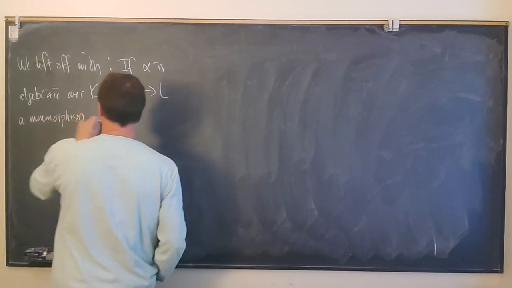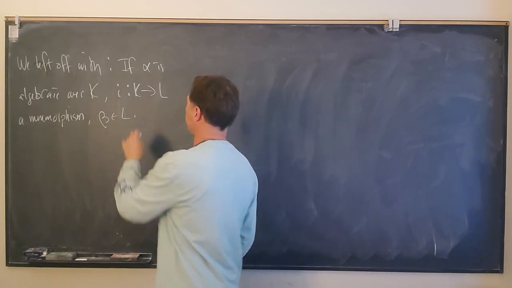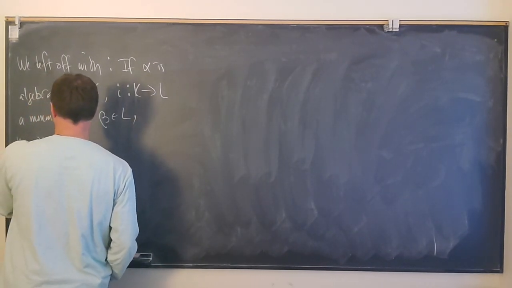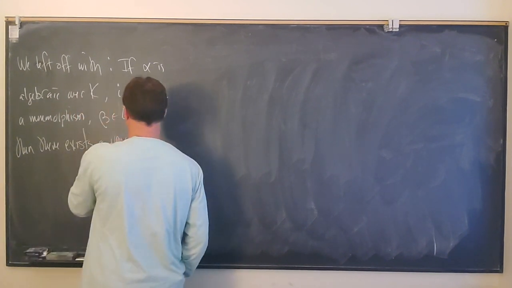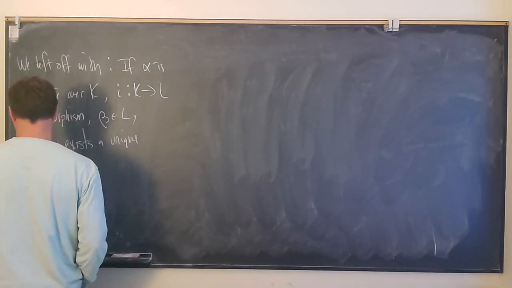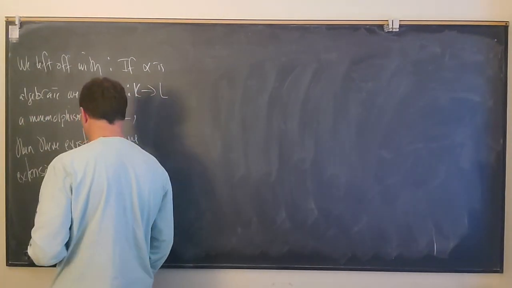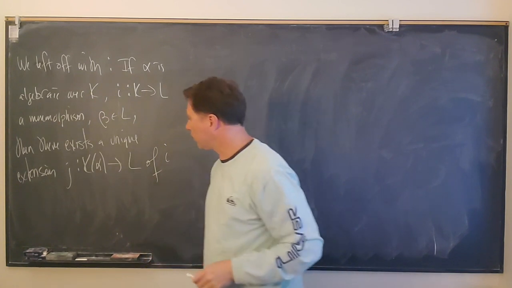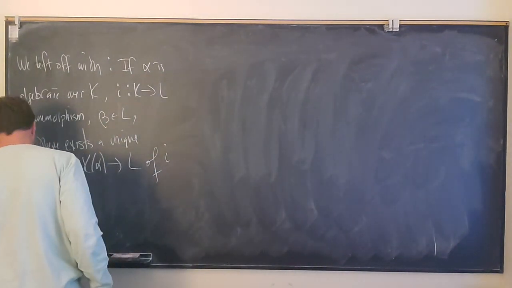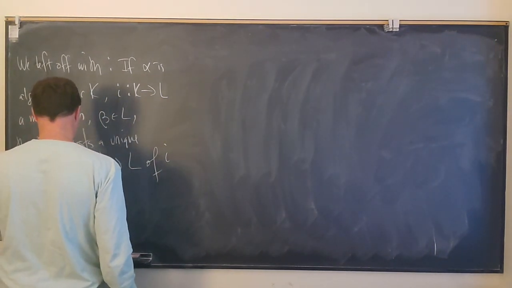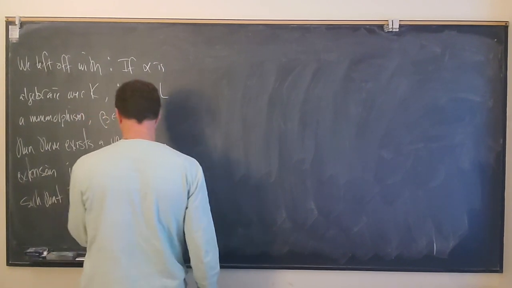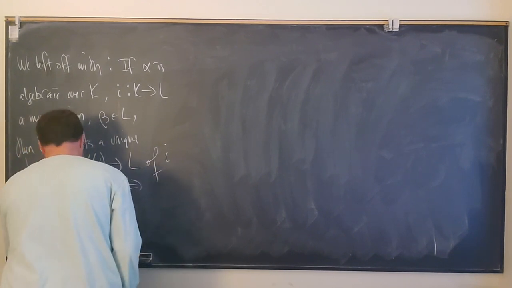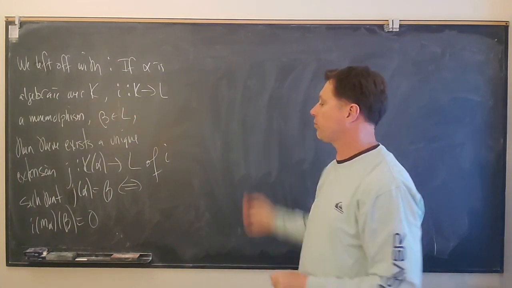And then we need beta, some element of L. So if we have this for the setup, then there exists a unique extension J from K adjoin alpha to L, an extension of I, such that J of alpha equals beta, if and only if beta is a root of the minimal polynomial when you apply I to it. Okay?